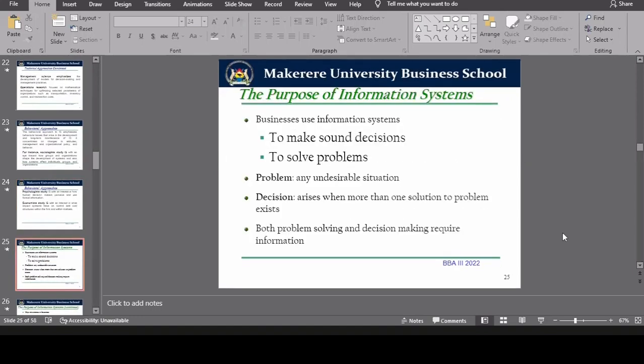The purpose of information systems: why do we need information systems? We look at it from, for example, the business side. Businesses use information systems to make sound decisions, which we've already seen, and also to solve what we call complex problems. The complex problems could be, maybe, how are we managing our customers?